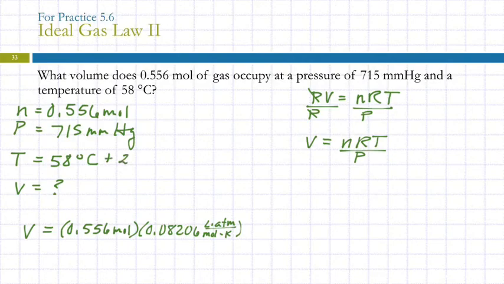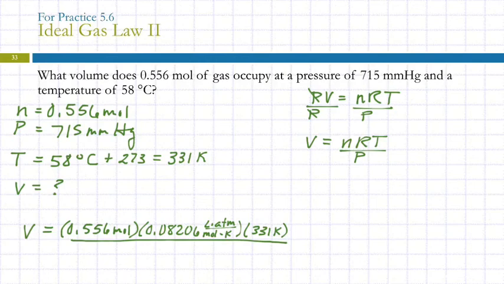So we're going to add 273. 58 plus 273. And if you like doing math in your head, go ahead and do it in your head, but then check it with your calculator. Okay, so there's the temperature, 331 Kelvin. And then I need to divide by the pressure.